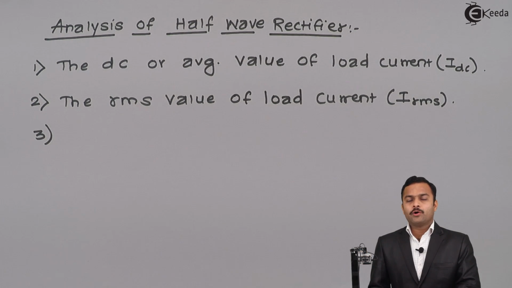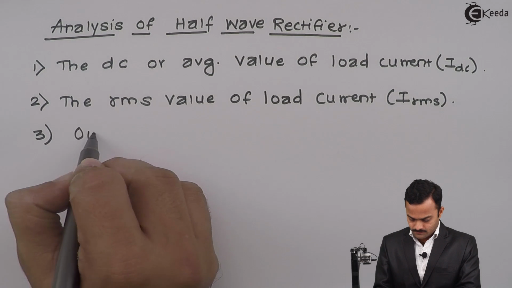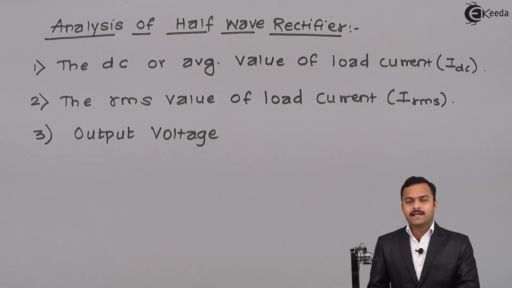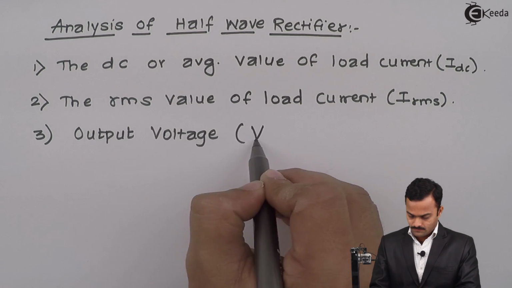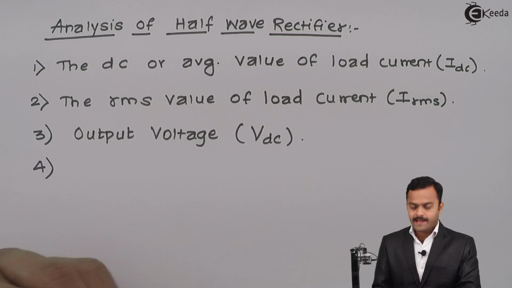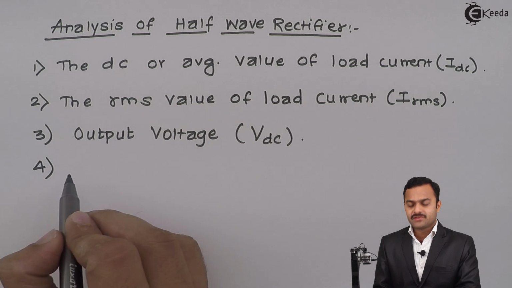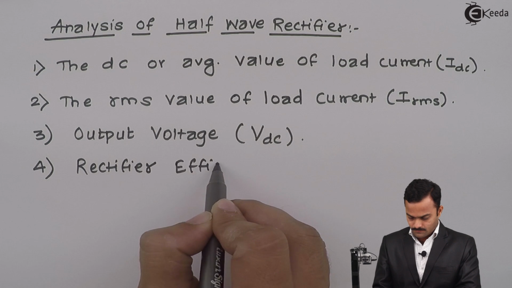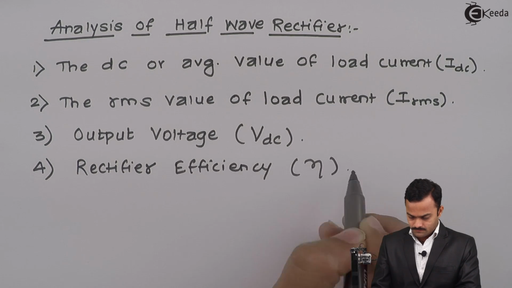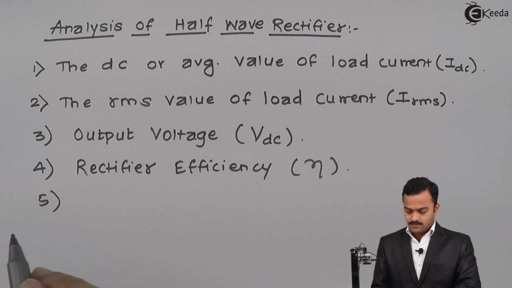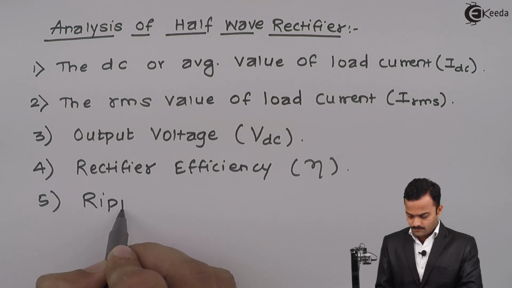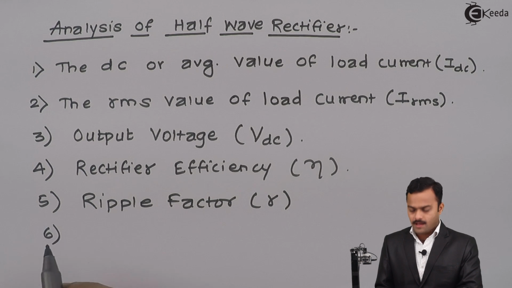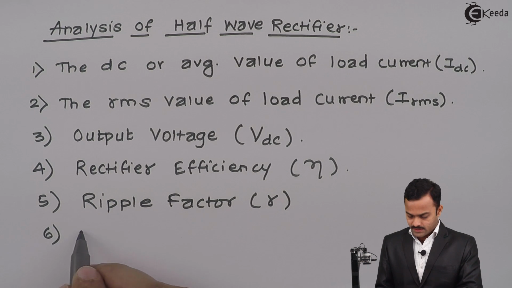Third, output voltage. Obviously, it will be a DC voltage. Next, rectifier efficiency. Next, ripple factor. And peak inverse voltage.